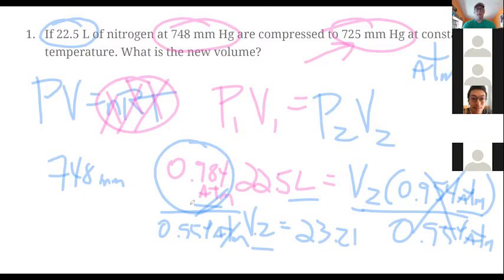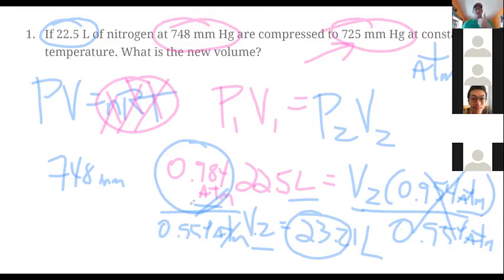What is our unit? Liters. Liters, right. So how many significant digits should we put in our answer? 3. So what's our actual answer? 23.2. Yep, exactly. 23.2.